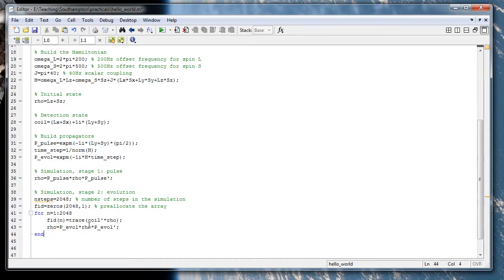So what will now happen is it will detect the magnetization in the current row, push the row forward by one single time step, detect it again, push it forward, detect it again, and so on. And of course, instead of the number, finally here we have to have n steps. And if the user ever wants to change the number of steps to a different number, he just has to change this variable, and it's given a descriptive name, and commented, so it is understood by the user what actually is going on when that happens.